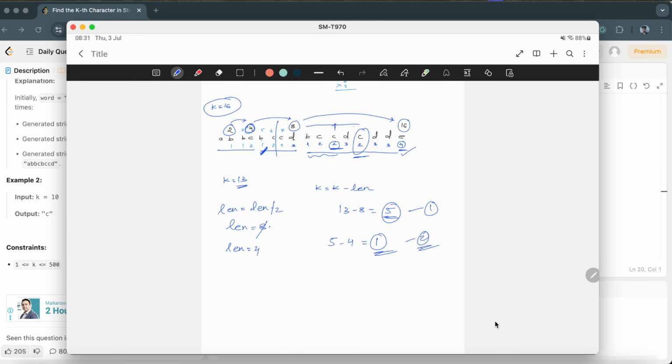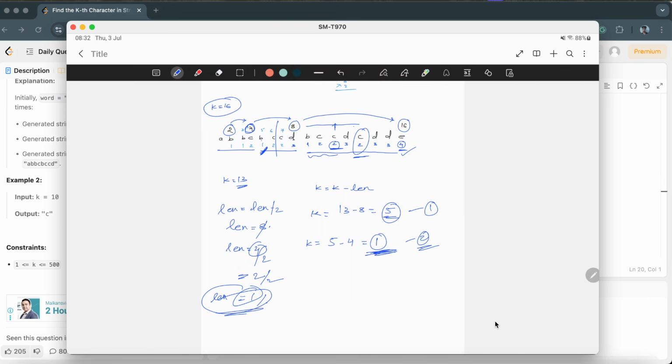Now this k value got updated directly to 1. Length is 4, so we have to make sure that length should be less than this. So we keep on dividing, it is like 2. Again 2 is greater than 1, and if we divide again, it is 1. The moment we realize that length is equal to 1, we simply break from it.